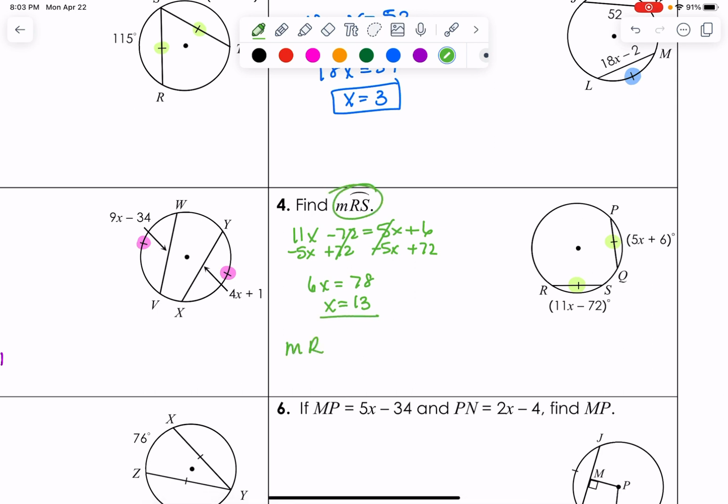So the measure of arc RS equals 11x minus 72. So that's 11 times 13 minus 72, which is 71 degrees. So as soon as you understand what the symbols mean, then it's just an algebra problem.